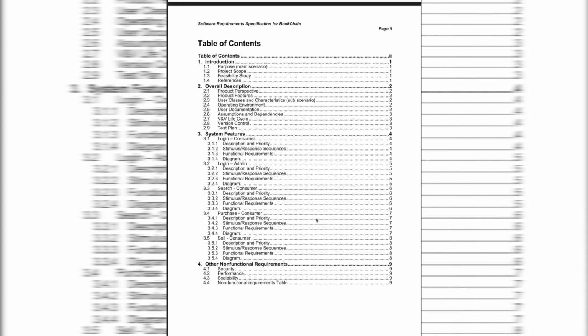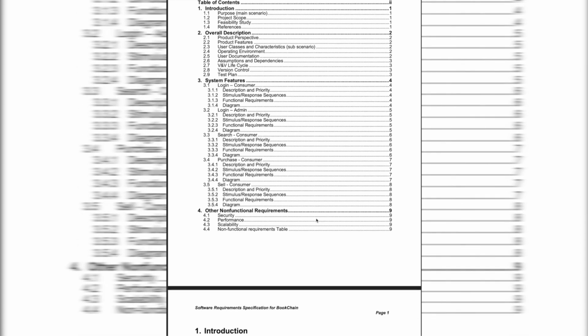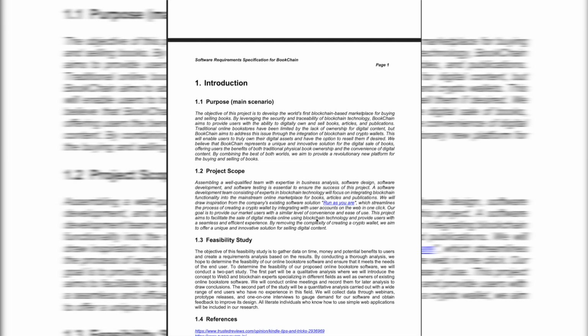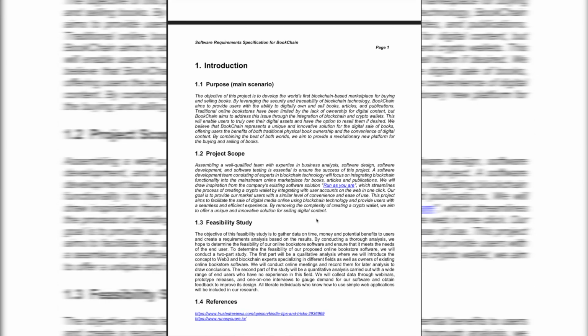Since I was working independently on this project, the first step was to define the requirements myself based on my own image of the software and the needs of the user. To do this, I did some research on similar software products and industry standards to get a sense of what was possible and expected. So here I started with the introduction and some general purpose.